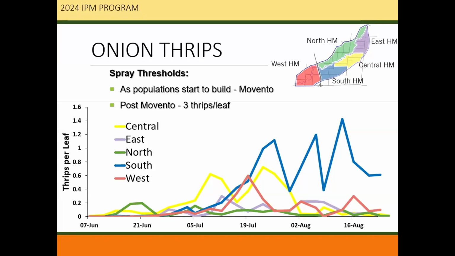I just wanted to point out too, we have some good products for onion thrips, the first being Movento that should be put on at the beginning of the season, back to back, as your thrips populations start to build. And then after that, that's when we're looking at applying another insecticide when you're at or surpassing that 3 thrips per leaf threshold.